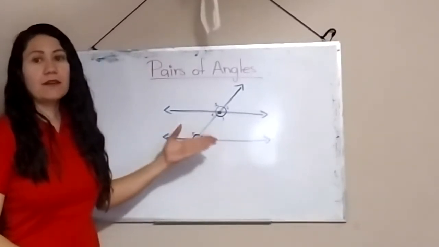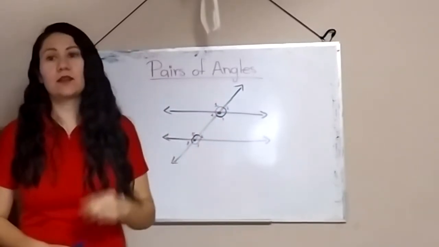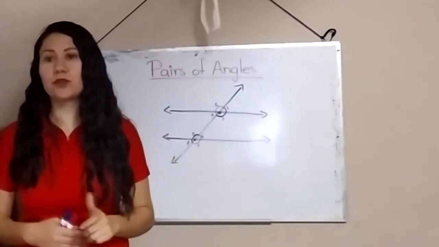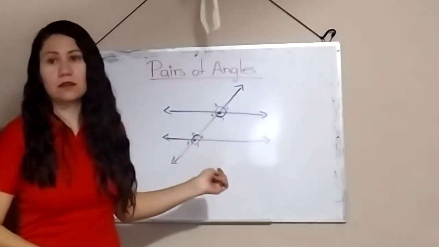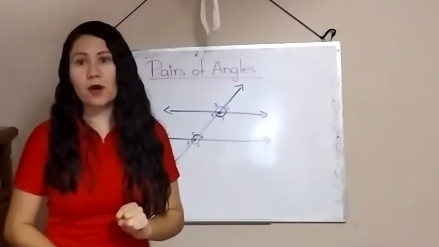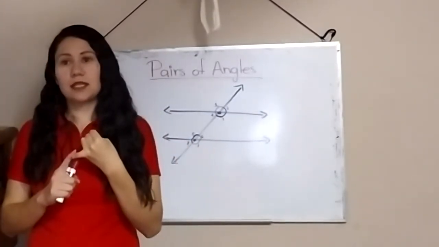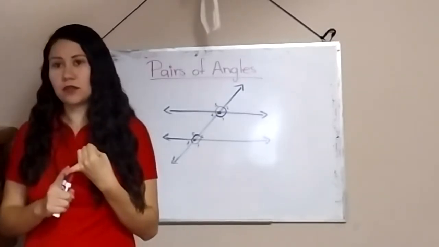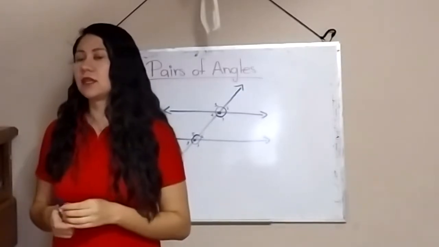Now, when we have a pair of parallel lines, we can add 3 more properties in order to be able to find the measurement of any of these angles, even if we only have the measurement of one of them. These properties are alternate interior, alternate exterior, and corresponding angles.